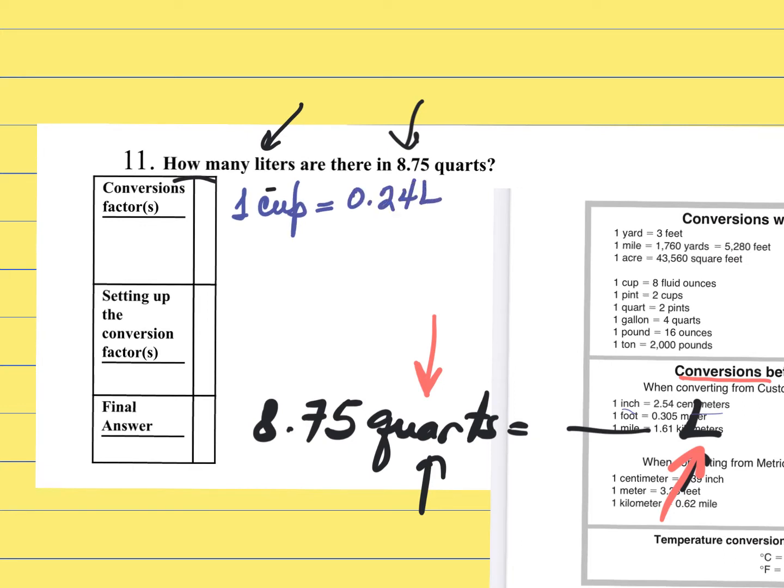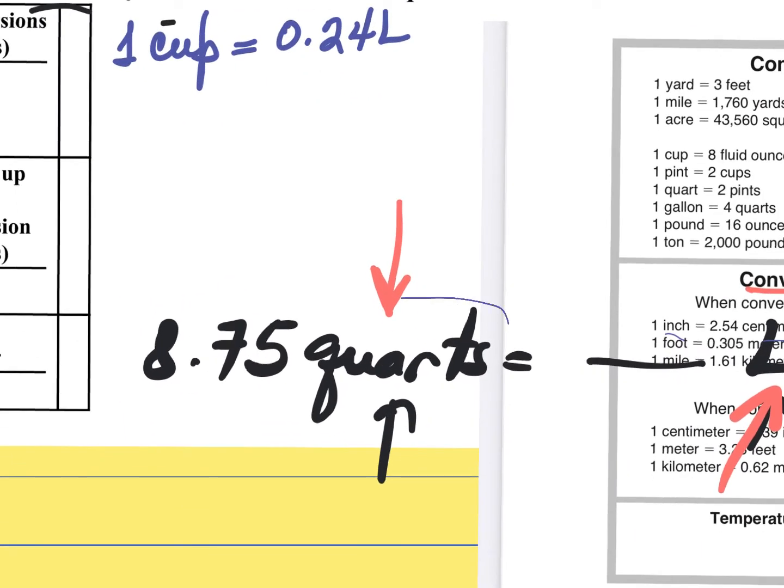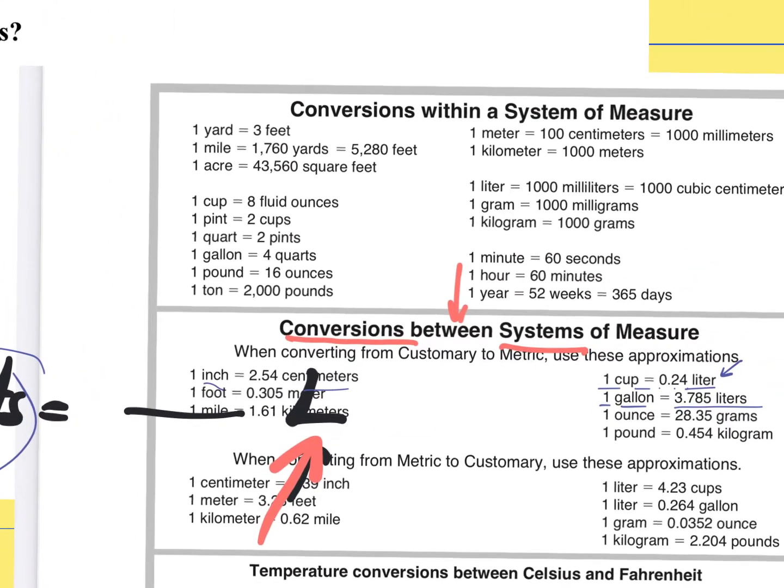0.24 liter. Oh, we have a problem. The given is not in cups, it's in quarts. What am I going to do? Now you have to go to this part of the table, conversion within a system, because cups and quarts belong to two units of measurement to express volume in the customary system.